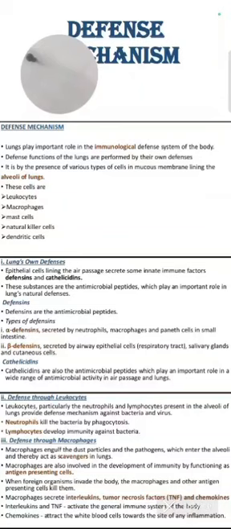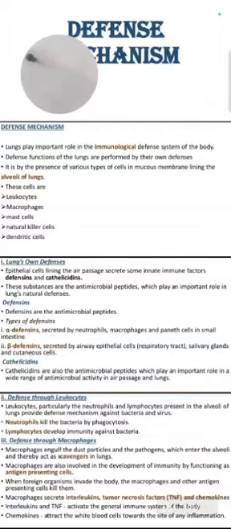The types of cells are leukocytes, macrophages, mast cells, natural killer cells, and the dendritic cells. So let us have a look at how all these cells act as a defense mechanism.